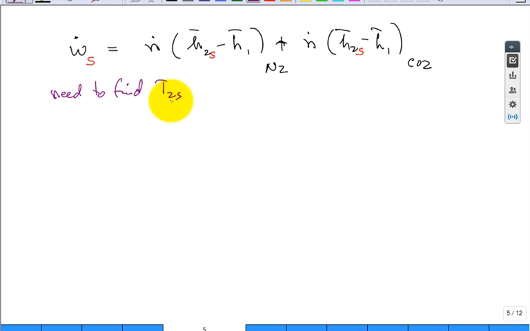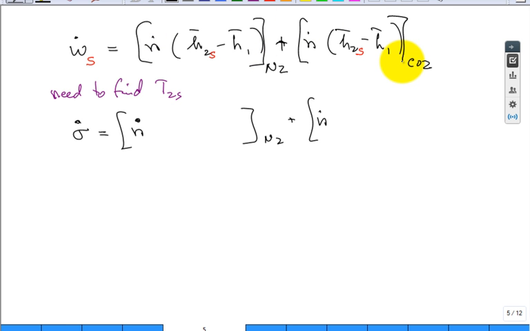Go back to part B, and you said, hey, we had this equation, sigma dot equals the molar flow rate times nitrogen plus the molar flow rate. I should put them all like this, shouldn't I? Everything in there is carbon dioxide, everything in there is nitrogen. And this one was going to be S bar naught 2 minus S bar naught 1 minus R bar natural log of 3, because we know the ratio of the pressures is 3.